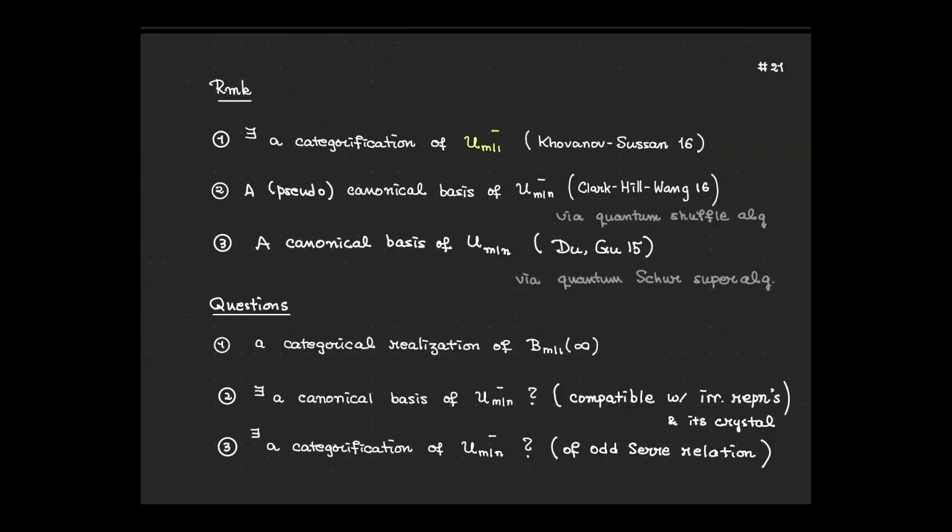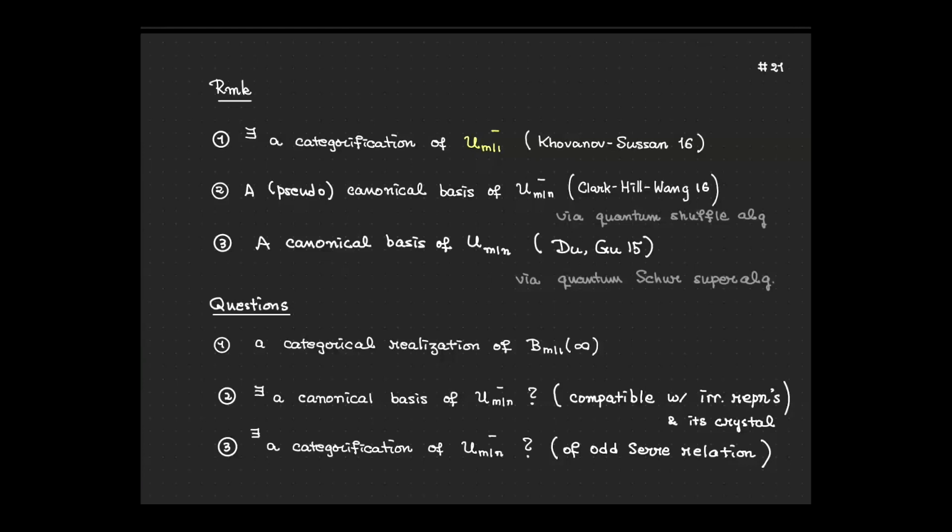And of course anyone can ask whether there is a categorification for them. I'm not sure whether this question makes sense, or whether the conjecture is true or false. I do not know, but anyway.